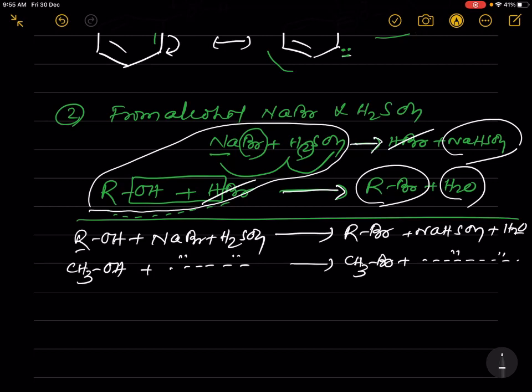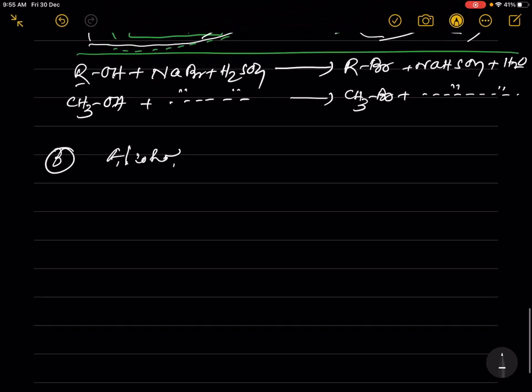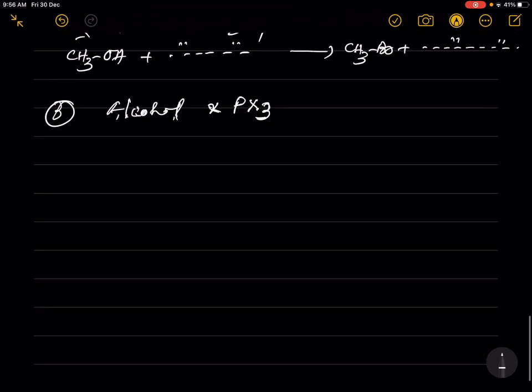Then third one, alcohol and phosphorus trihalide. Here X is chlorine or bromine.